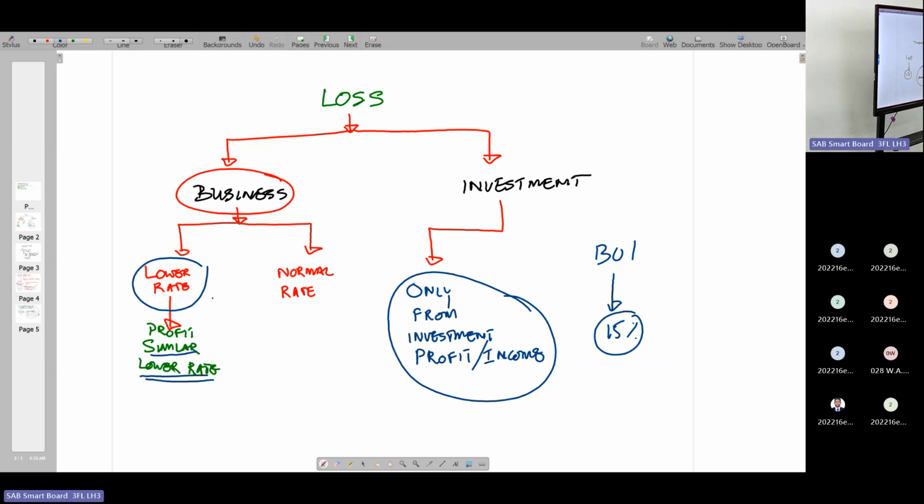So right now in Sri Lanka we have two rates, right? Normal rate, that is 30%. For other businesses we have 40%.